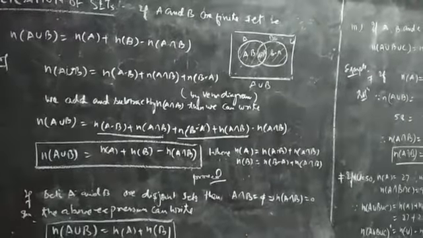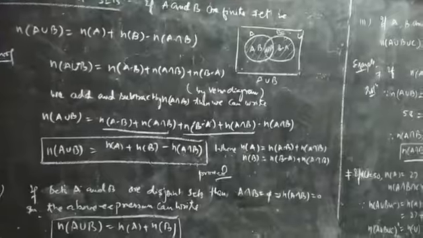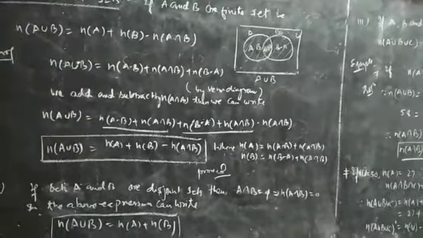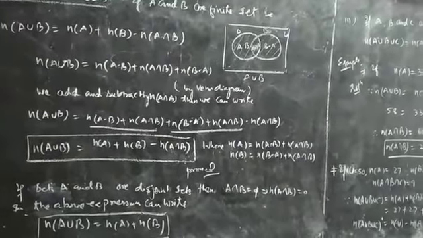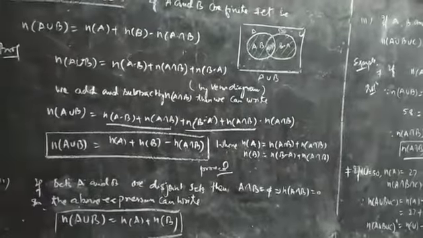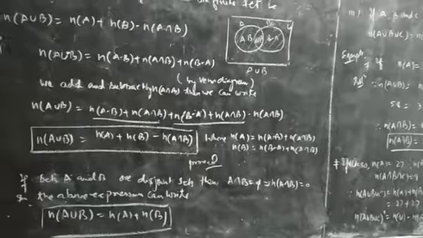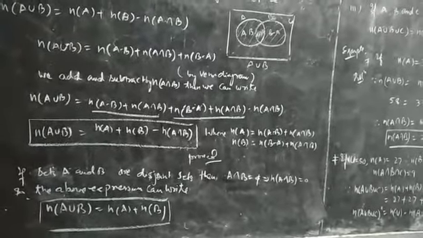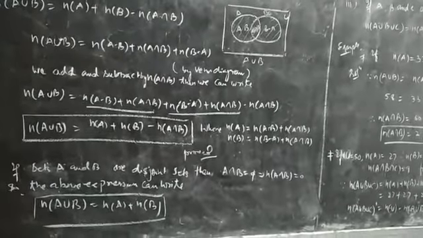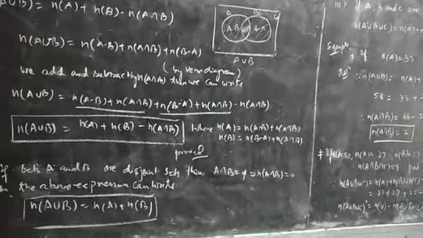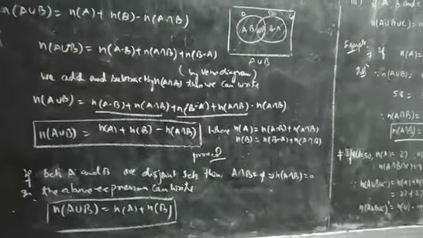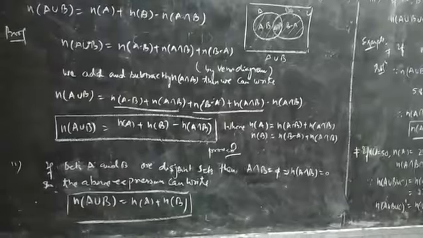On the basis of the Venn diagram, you can write n(A ∪ B) = n(A − B) + n(A ∩ B) + n(B − A). We add and subtract n(A ∩ B), then we can write n(A ∪ B) = n(A − B) + n(A ∩ B) + n(B − A) + n(A ∩ B) − n(A ∩ B).